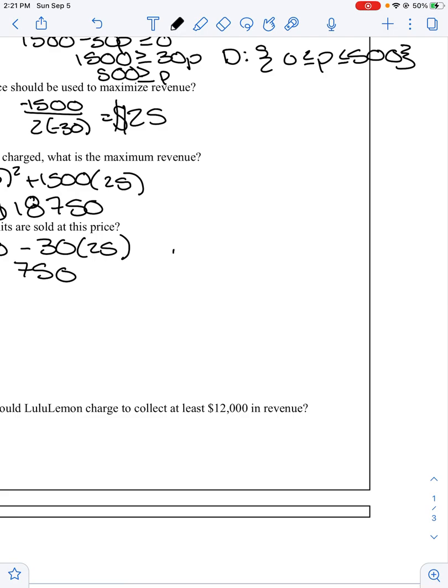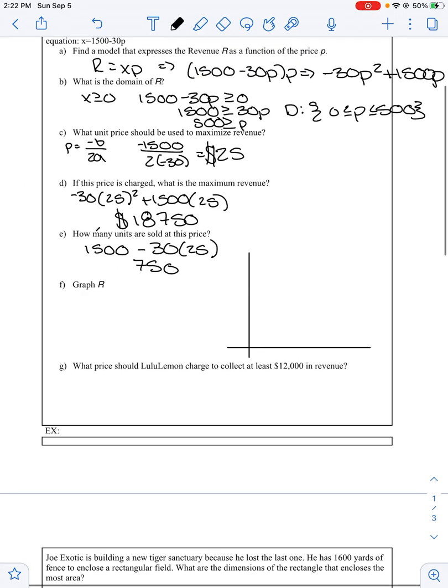To graph this, we already have some information. We know the domain, and we know that it has the vertex of 25 and then 18,750. So about 10, 20, 30, 40, 50, 60. And then on the other side, I'm going to go up by 10,000.